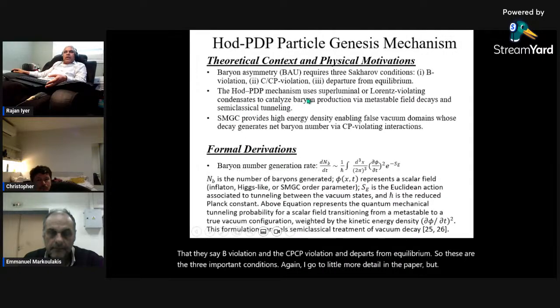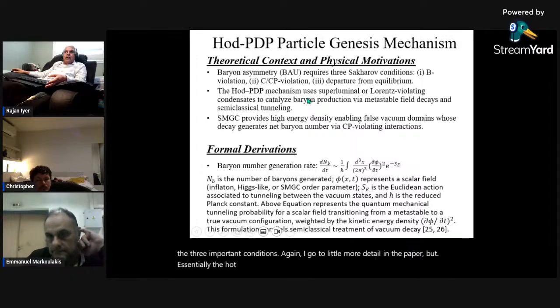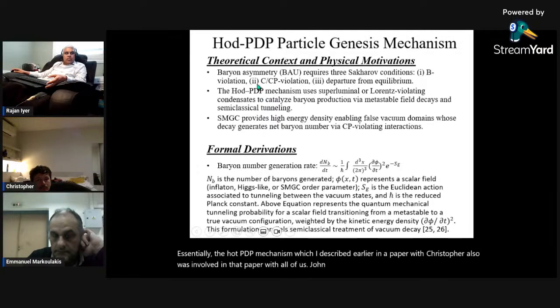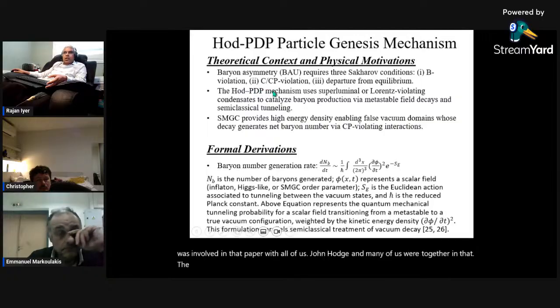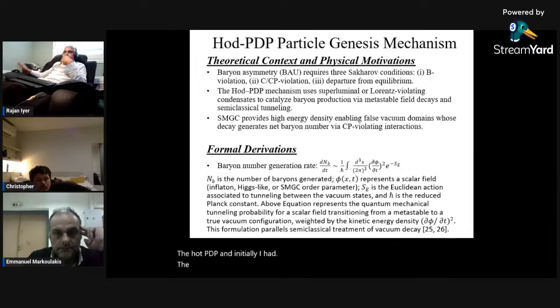essentially the hot PDP mechanism, which I described earlier in a paper with Christopher also was involved in that paper with all of us, John Hodge, and many of us were together in that. The hot PDP, and initially I had the Superluminal vacuum, how that zero points and also micropacols come together.